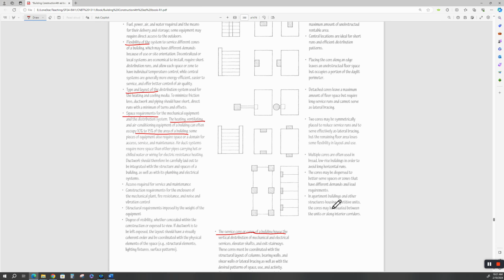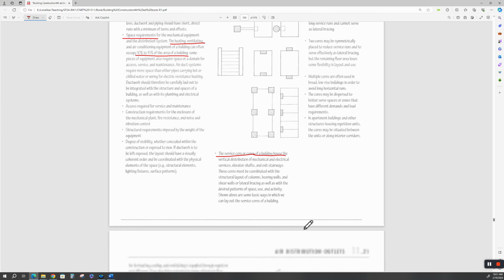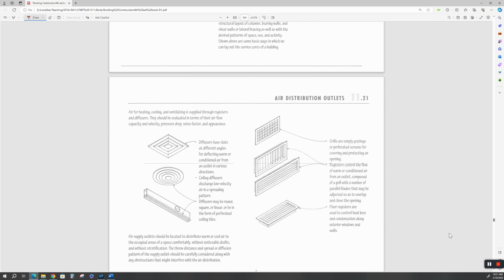In apartment buildings and other structures housing repetitive units, the cores may be situated between the units. I'm sure you've seen some apartment complexes where they've had all these ganged out here and feeding individual apartments. Okay. Air distribution outlets. This might be a good place to stop. No, we'll go on.